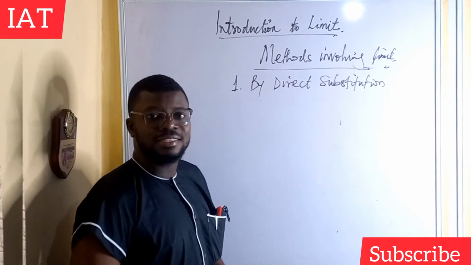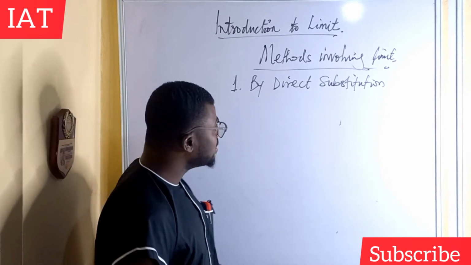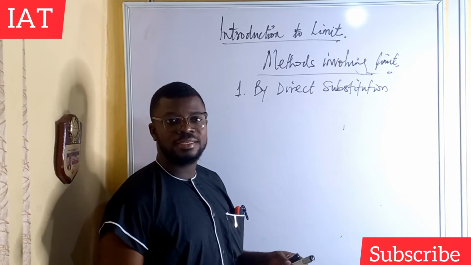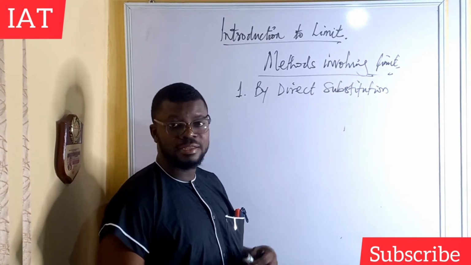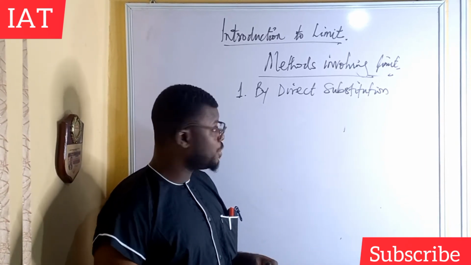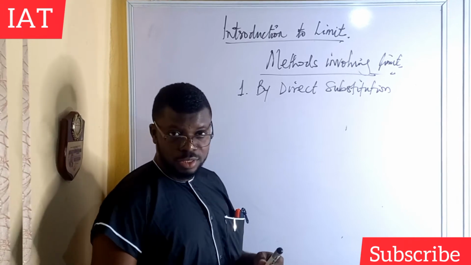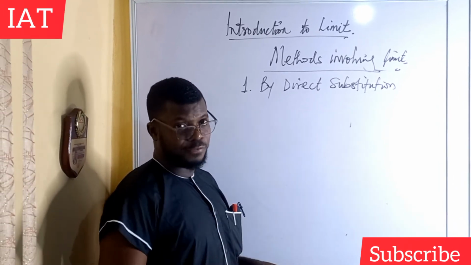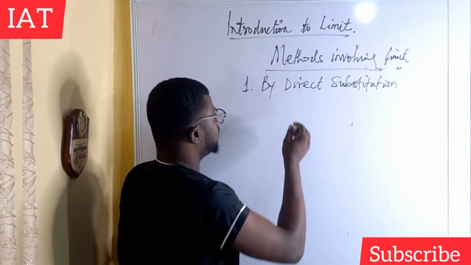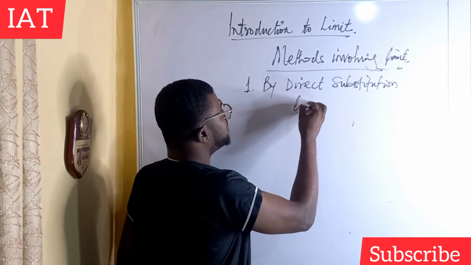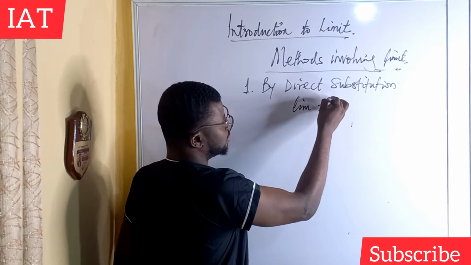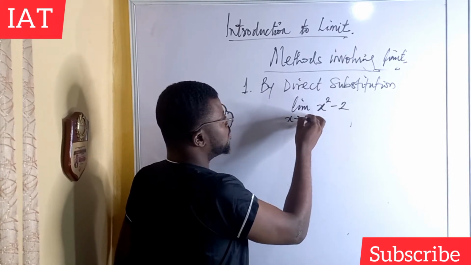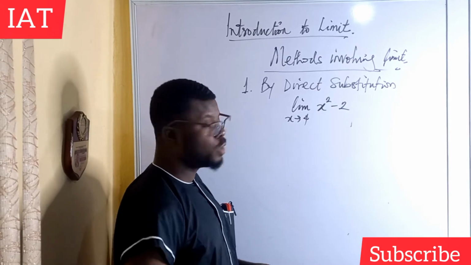All right, direct substitution literally means that by the time you see x approaching either 2 or 0 or 5 or any of the numbers, what you need to do is just substitute it into the value of x in the function or in the problem given. For example, if I have limit of x squared minus 2 as x tends to 4, what do we need to do?